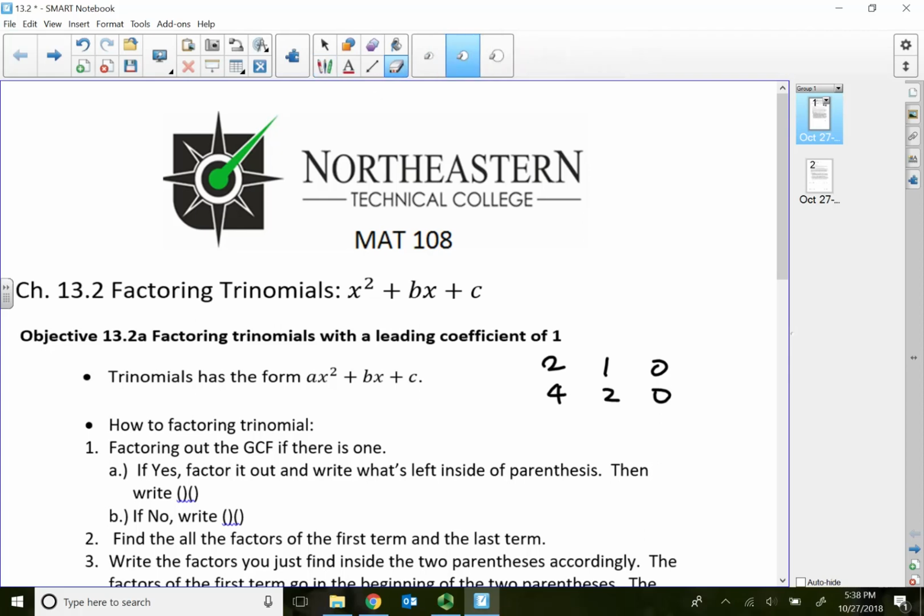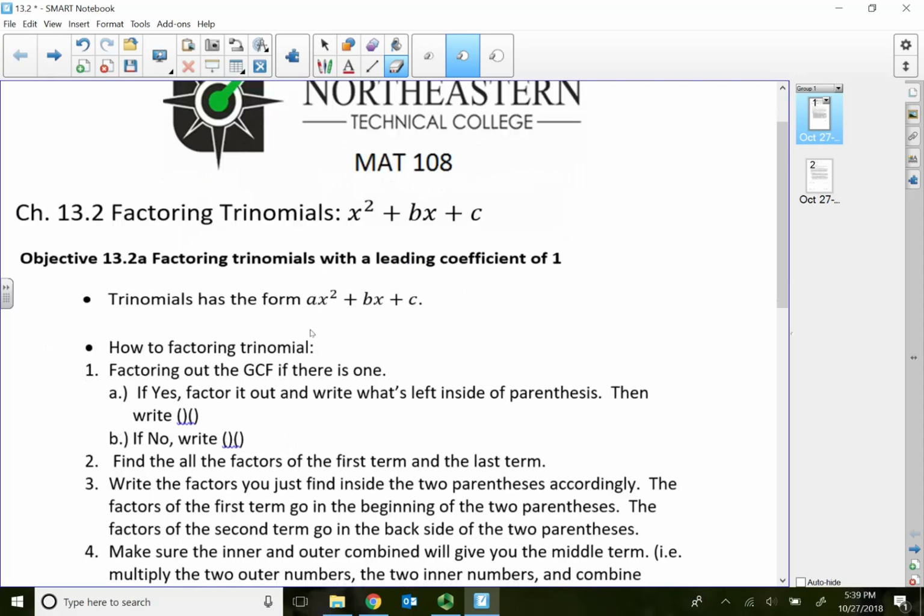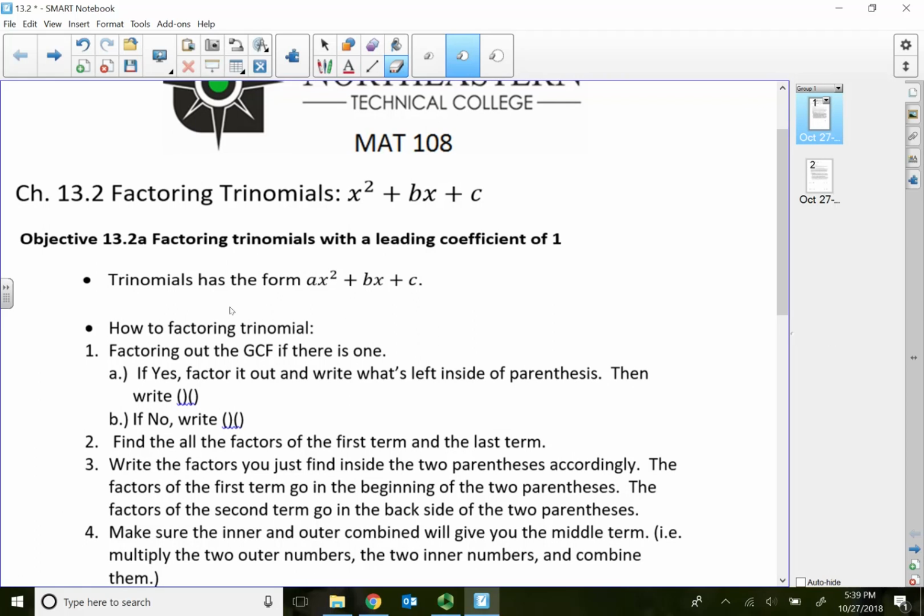Normally we write a trinomial in the form ax squared plus bx plus c, where a, b, and c are coefficients. So when a polynomial consists of 3 terms where the exponents are 2, 1, 0, those are considered trinomials.